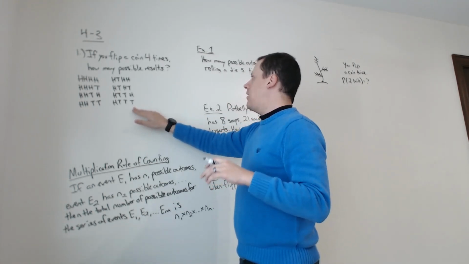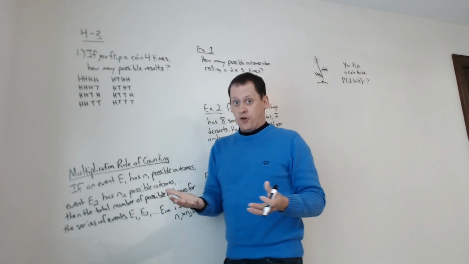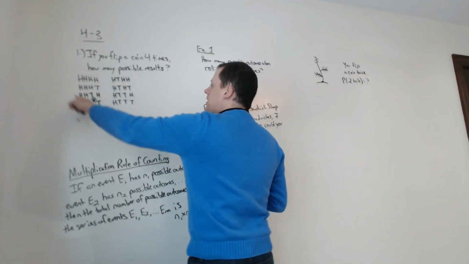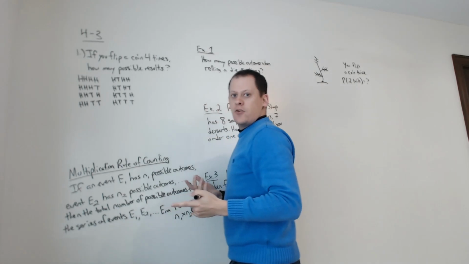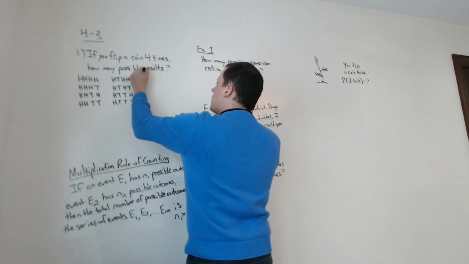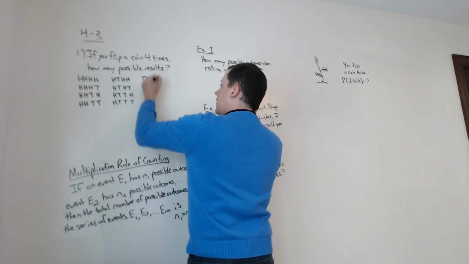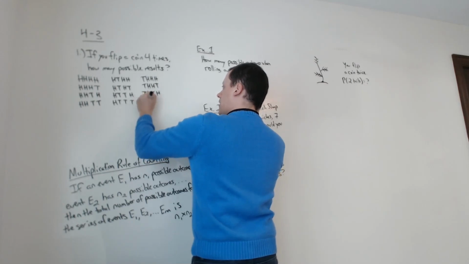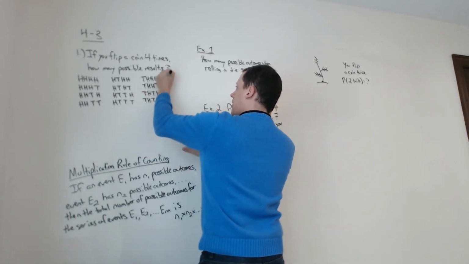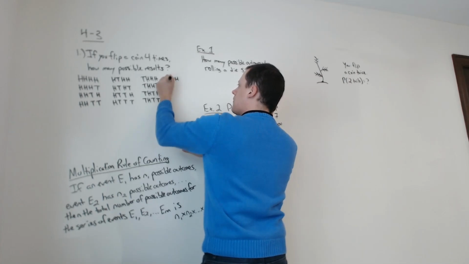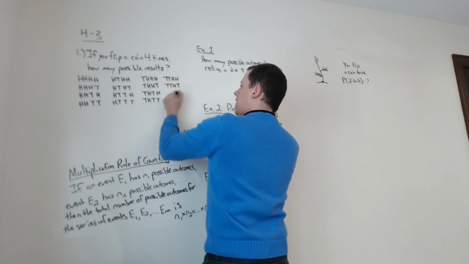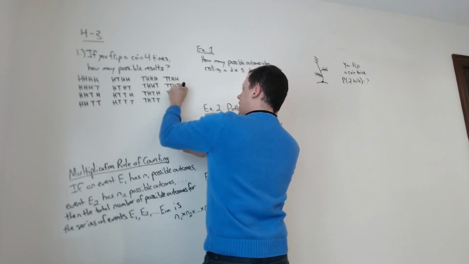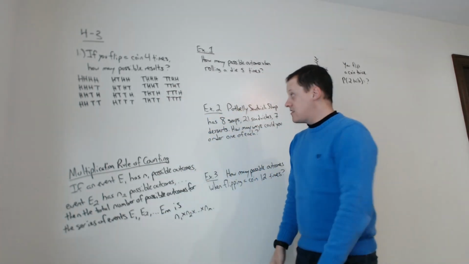So now we need all of the ones where tails comes first. So it will be a repeat of all of these, except the first letter will be T instead of H. I think that's all of them.